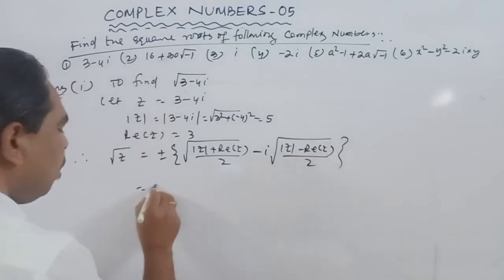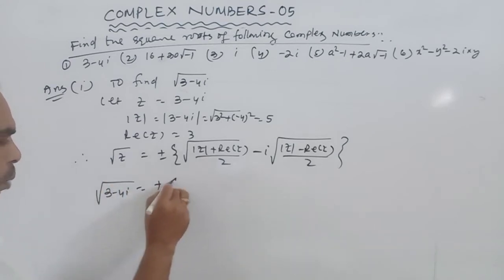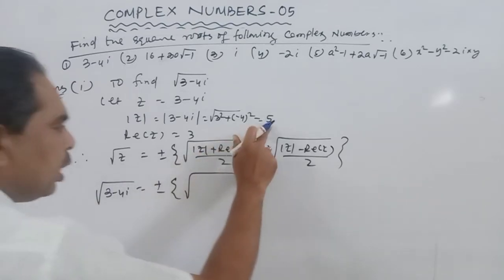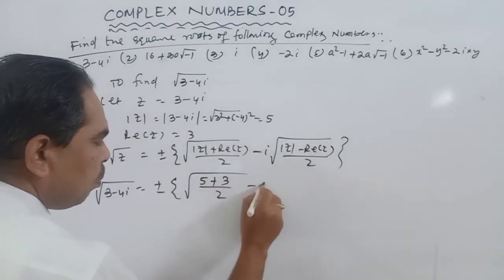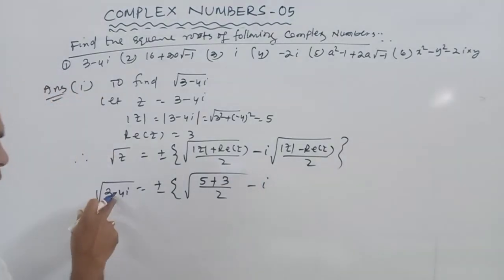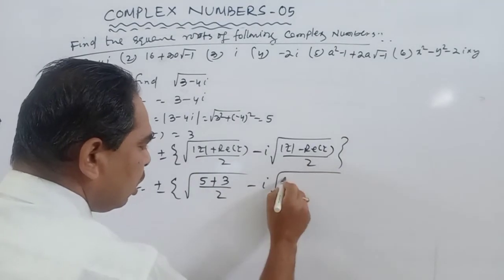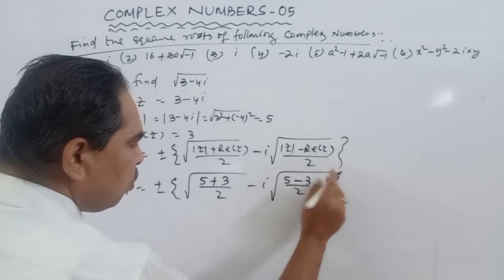So use the formula: plus or minus, square root of (mod z, which is 5, plus real z, which is 3) divided by 2, minus i, because here negative is there, into square root of (5 minus 3) divided by 2.